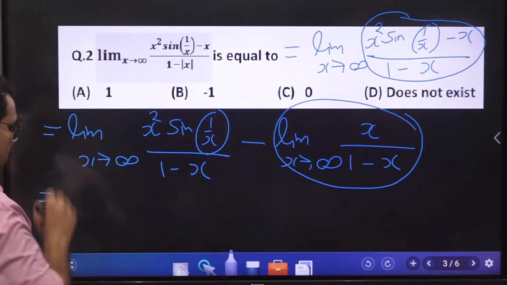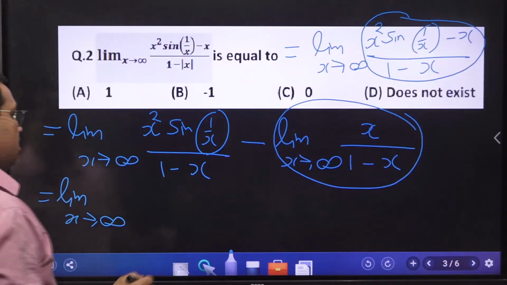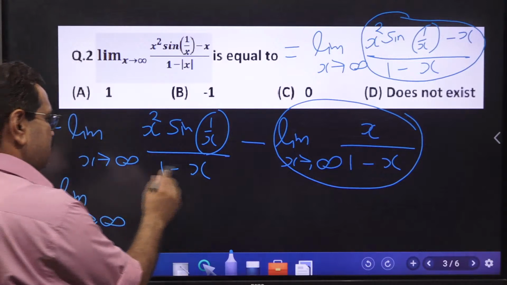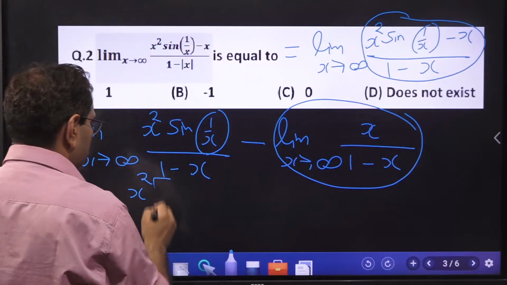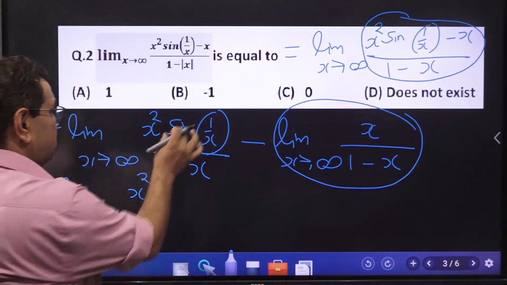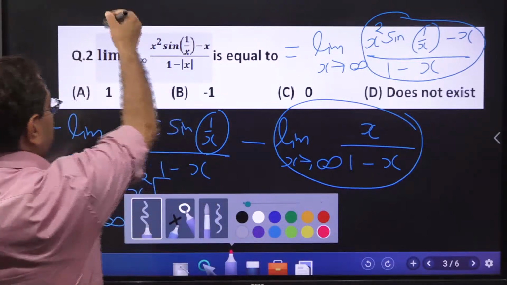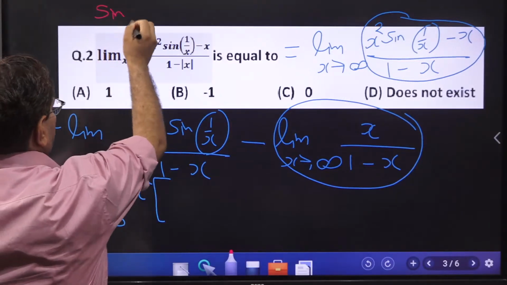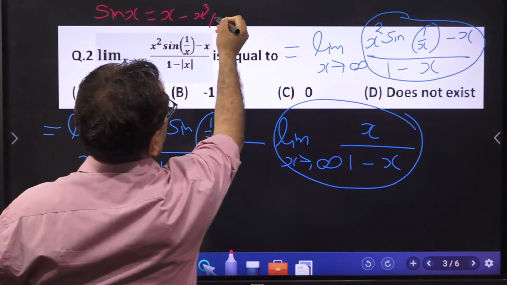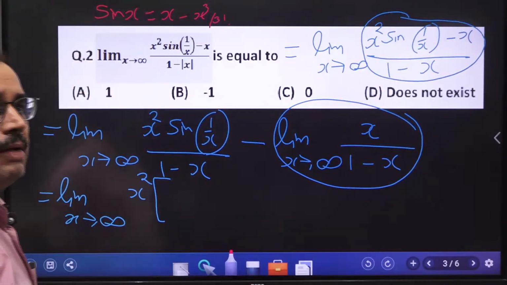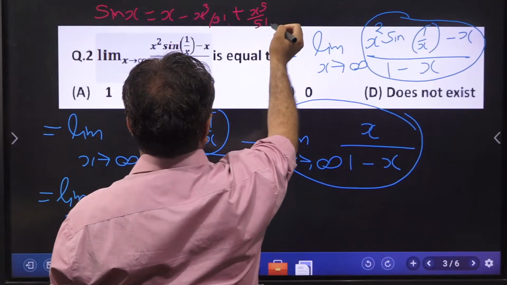Now limit x tends to infinity, this is 1 upon 1 minus x. First in the numerator we have x square into, let us use the expansion of sine theta. Do you remember the Taylor expansion of sine x? Sine x is equal to x minus x cube divided by 3 factorial plus x to the power 5 divided by 5 factorial and so on.